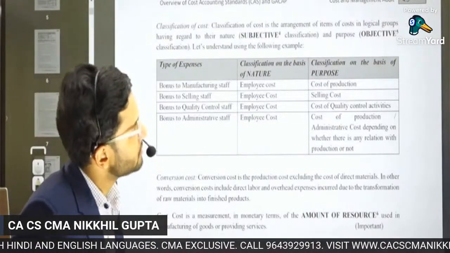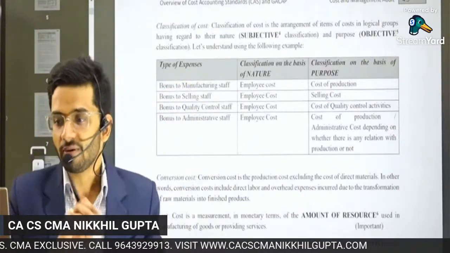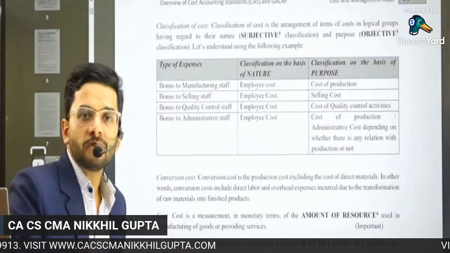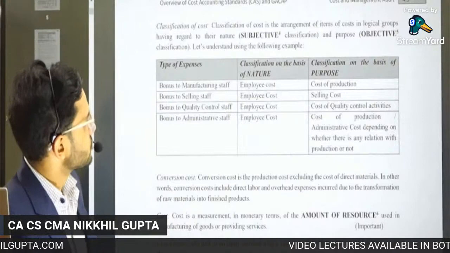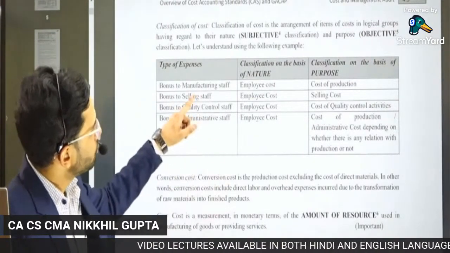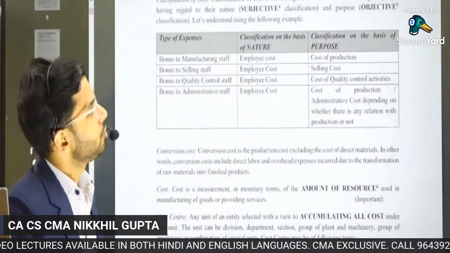Classification of cost is the arrangement of items in logical groups having regard to their nature. So if we classify cost according to its nature, that is known as classification of cost. If you provide bonus to manufacturing staff, it's an employee cost, and it will go to cost of production.